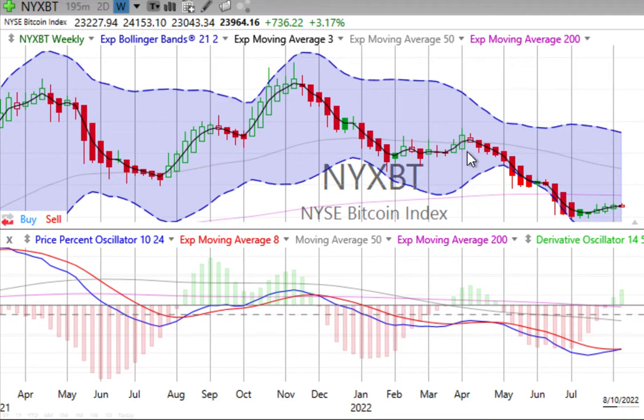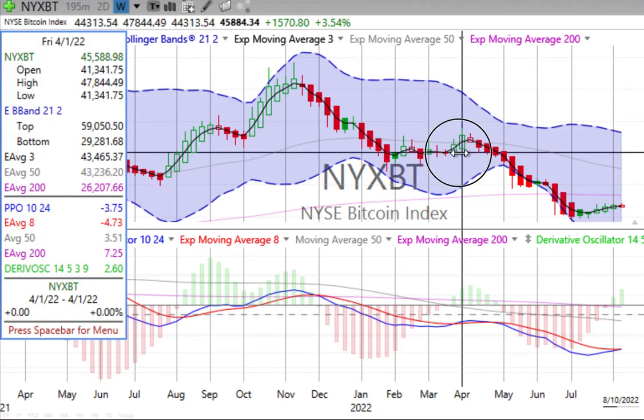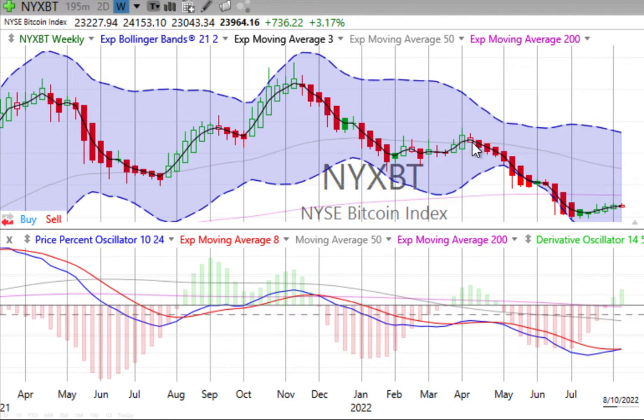We can see where back in April, they tried to pop back up again and then died on the vine, slowed down with a red open box candle, and then moved down again. We can see that the derivative oscillator is about where it was, might have been even a little higher. It was higher previously. So again, trying to move up.